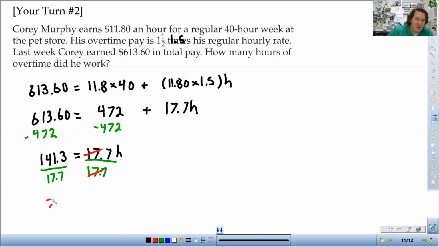Let me get the black pen. 7.98 is equal to H. I made a mistake somewhere. Hold on. 613.6 minus 472, I wrote this wrong. This is 141.6. Oops. So 141.6 divided by 17.7 comes out to 8. Yeah, that looks better. My mistake, I wrote something down wrong. But there we go. It comes out to 8.